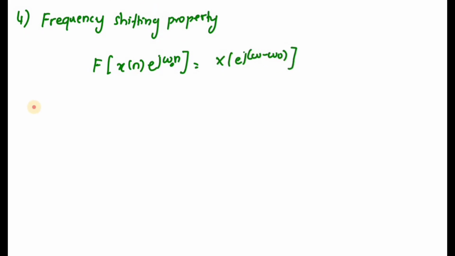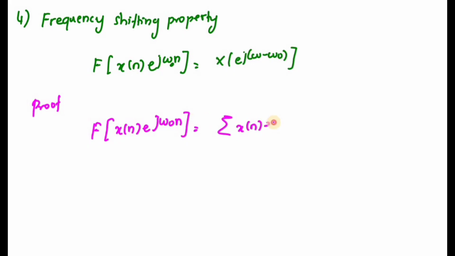So the proof is: the Fourier transform of x of n e power j omega naught n is equal to the summation of x of n e power j omega naught n e power minus j omega n, from n equal to minus infinity to infinity.